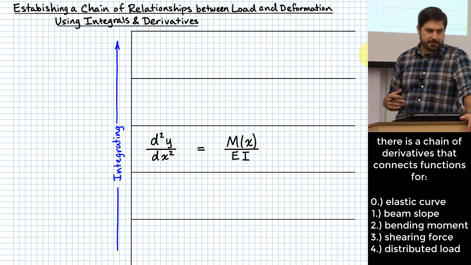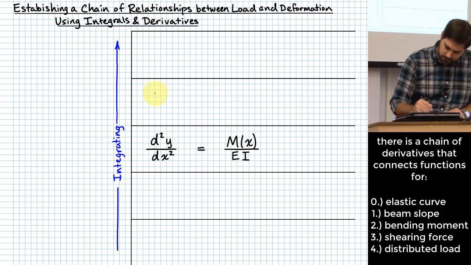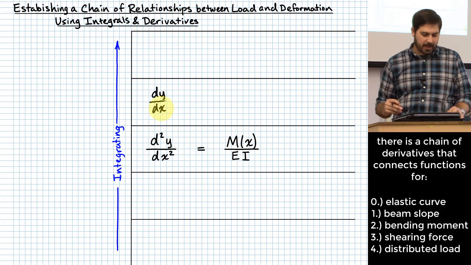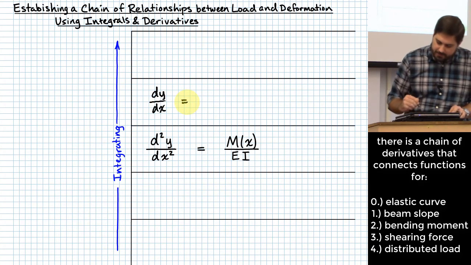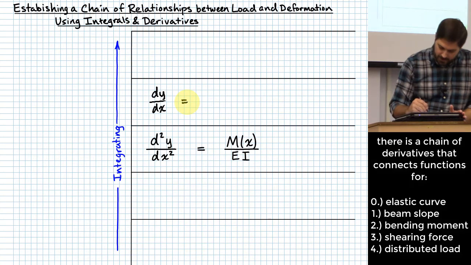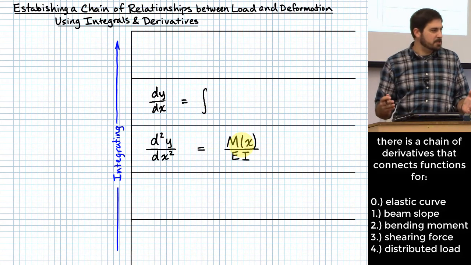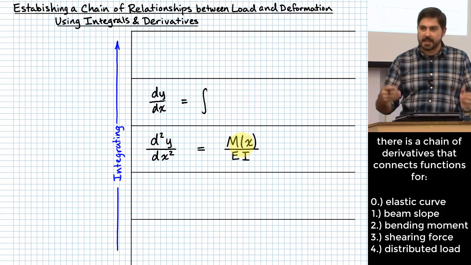What would I get on the left? dy/dx. I'd have the first derivative now. Now what would I have to do to the right if I'm going to take the antiderivative? Well, until I know what my function is for M of x, there's not much more I can do besides say you would have to take the antiderivative of it.